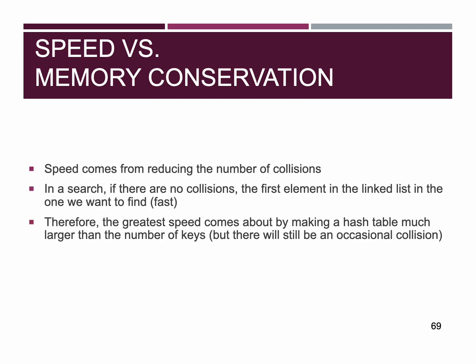Now, let's discuss the trade-off between speed and memory conservation in hash tables. Speed in hash tables is primarily achieved by reducing the number of collisions.